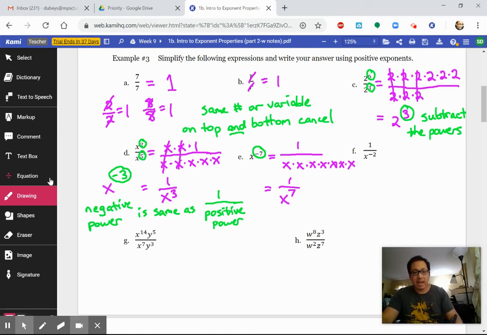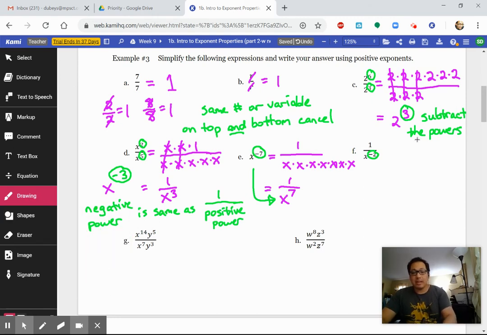Okay. Similarly, if we have a negative exponent on the top of a fraction, like this, then we flip it to the bottom. Basically, this says put this on the bottom and make it a positive power of 7. If it's already on the bottom, like here, 1 over x to the minus 2, then we're going to flip it to the top. That's what we're going to do.